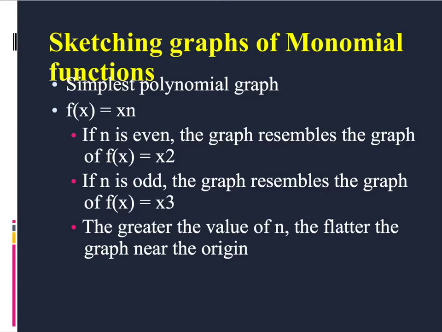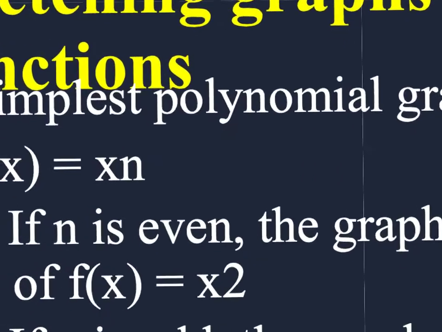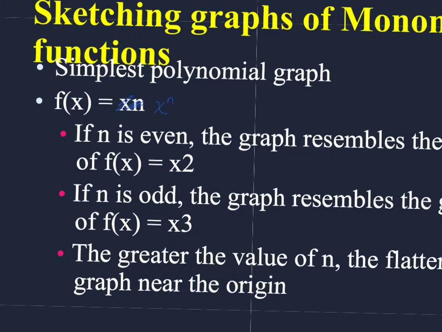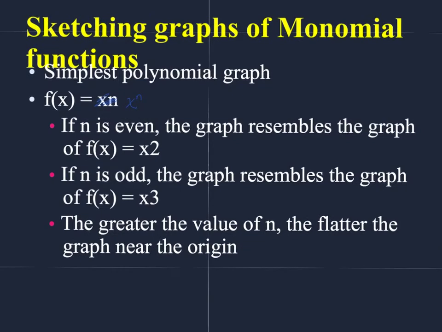When we're sketching the graphs of monomial functions, which are the simplest form of a polynomial graph, we're going to have, this should say, x to the power of n. If n is even, the graph resembles the graph of our parabola.